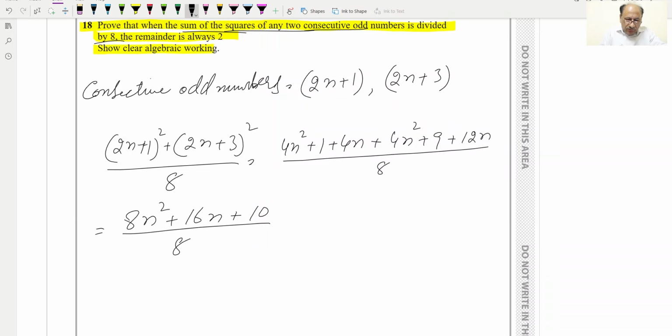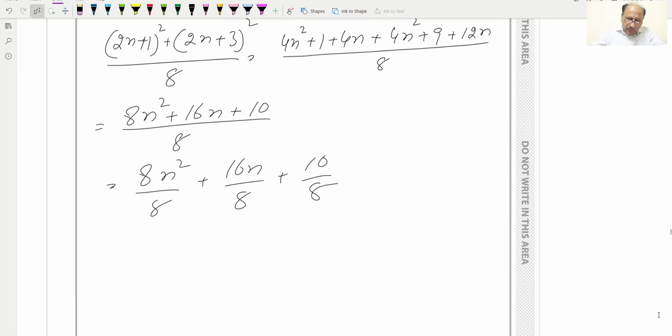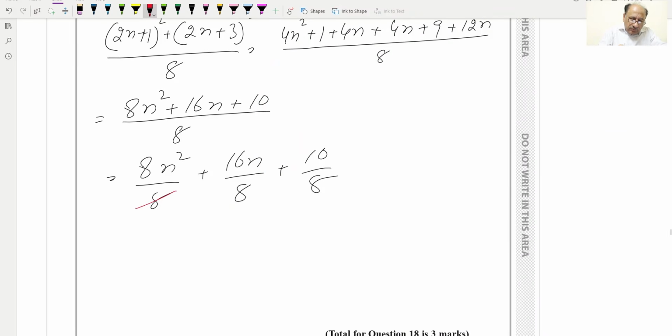Now we can individually divide n squared by 8, plus 16n over 8, plus 10 over 8, and after cancellations this will be gone, this will be 2, and our term will be n squared plus 2n plus 10 over 8.